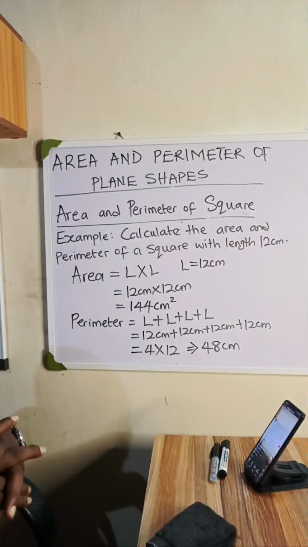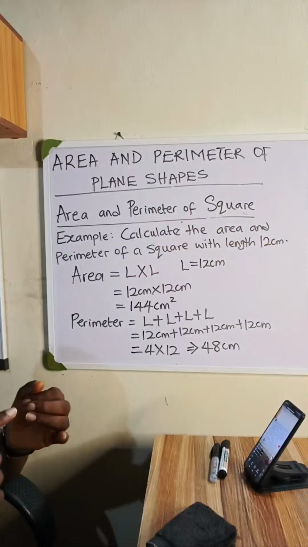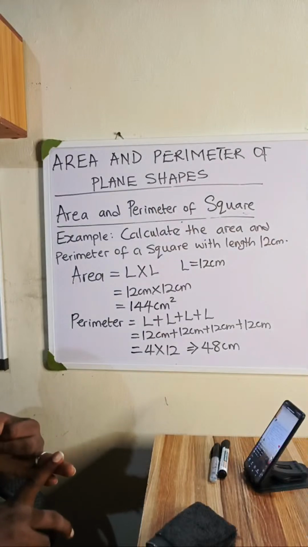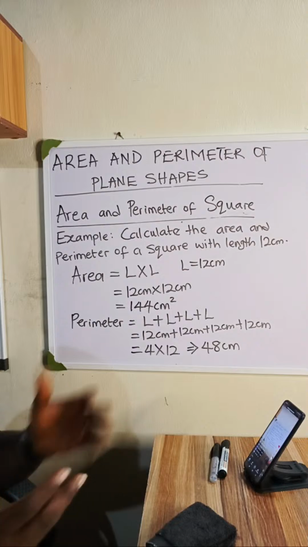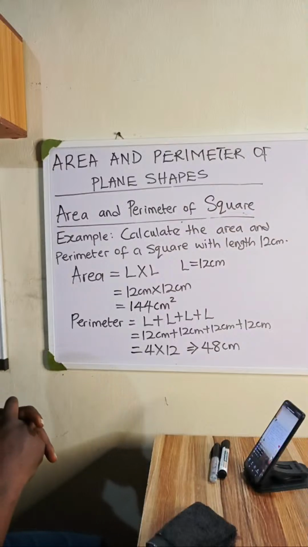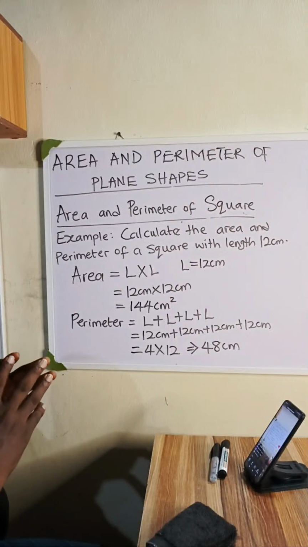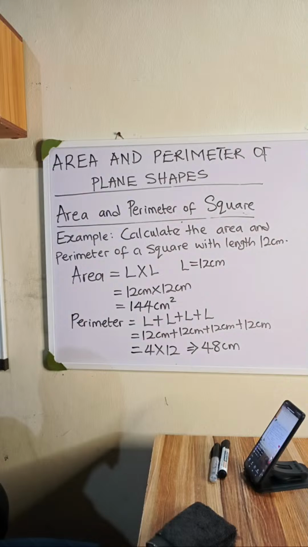It's going to be a very interesting one, because many people only know how to calculate area of a triangle when you're given the height and the base. But what if you have a situation where you're given all three sides? How do you calculate the area? So we're also going to look at that. When you're given all three sides of the triangle, how do you calculate the area of that triangle? So that will be in our next class. Okay, so let's look at the last example for today.